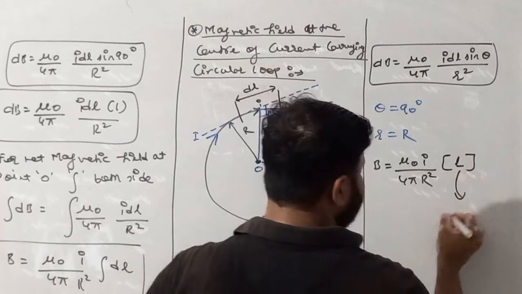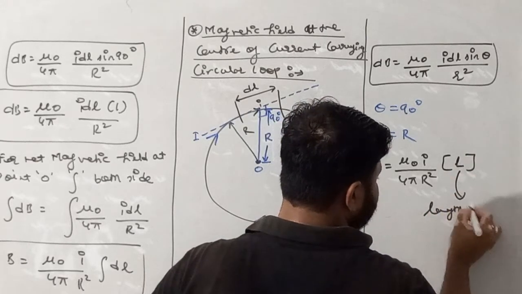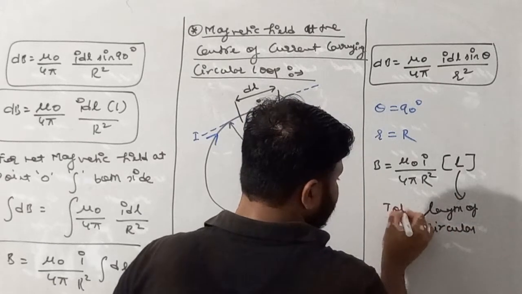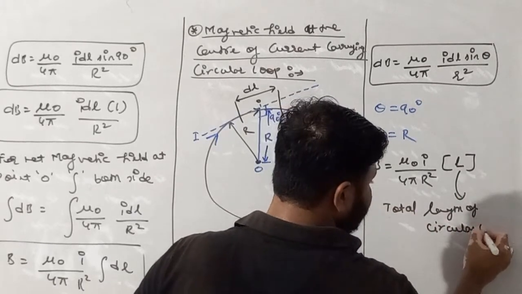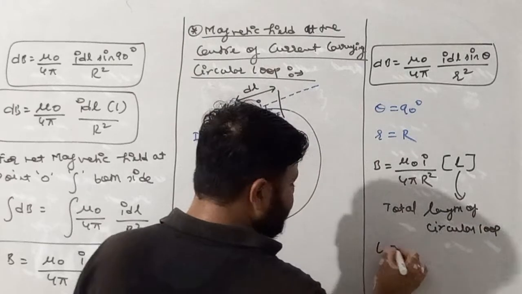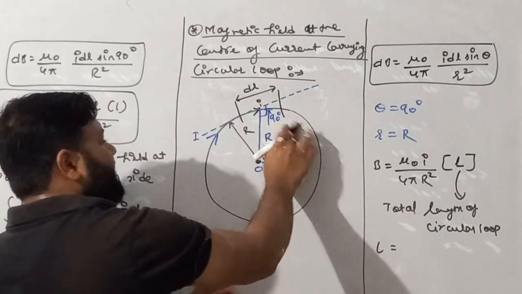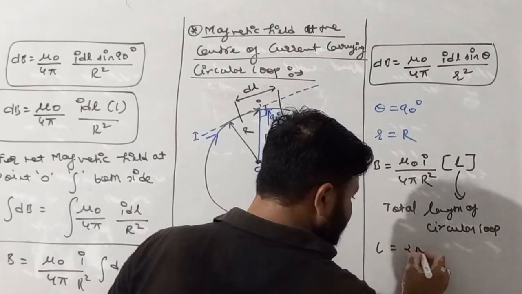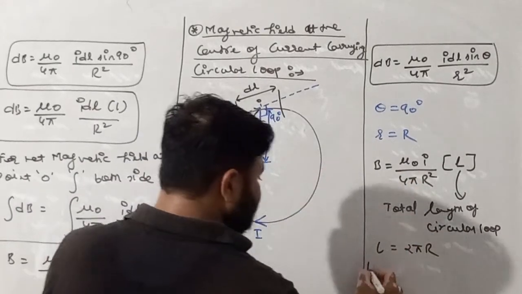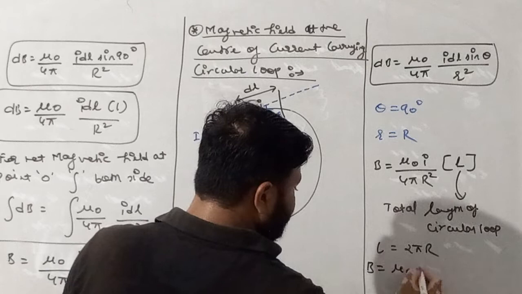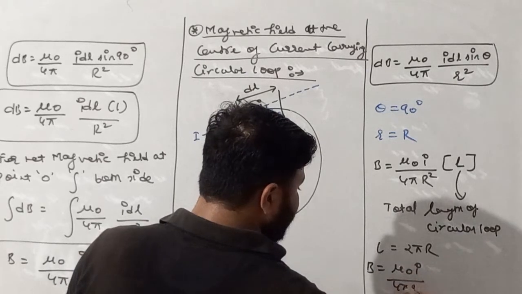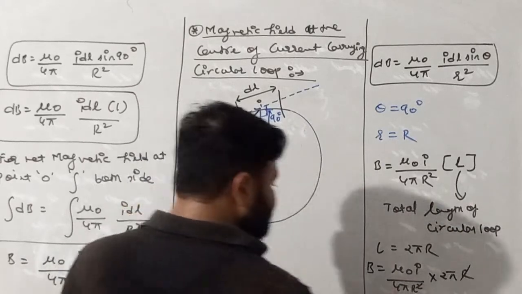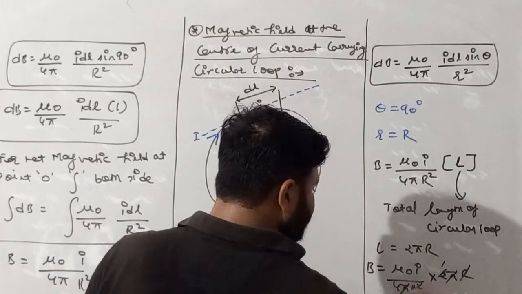Now see, basically L is the length of the circular loop, or we can say the total length of the circular loop. So the total length of the circular loop is equal to the circumference of the loop. The circumference is 2 pi r. So we'll write B becomes equal to mu naught I upon 4 pi r square into 2 pi r. One r and one r get cancelled, pi gets cancelled, 2 and 2 make 4.